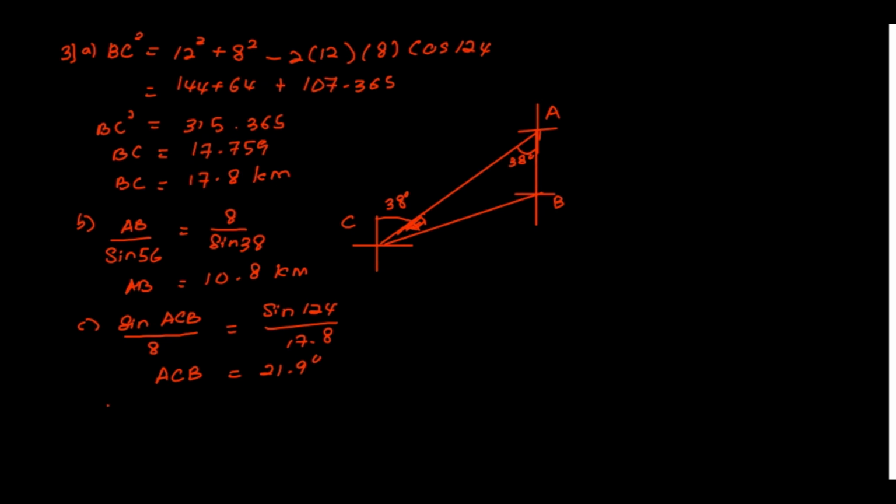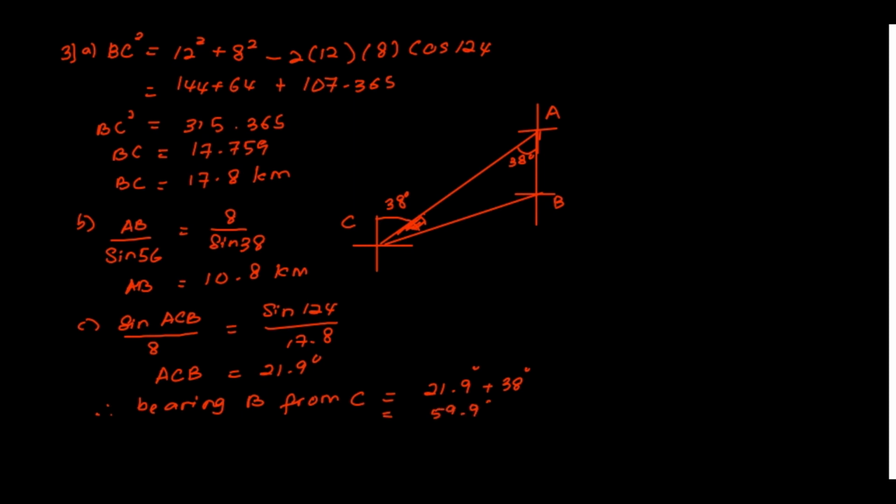But we are looking for bearing, therefore bearing B from C equals 21.9 plus 38 degrees, so equals 59.9.